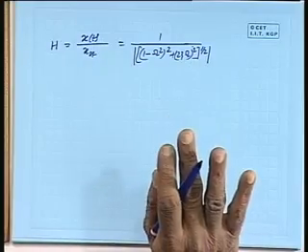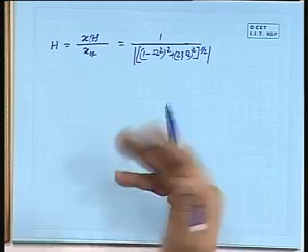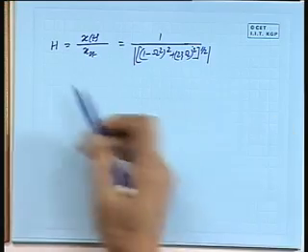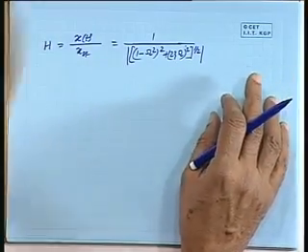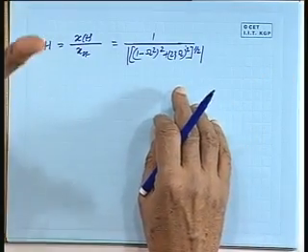So, 2 zeta will give me a value of 0.02, and 1 by 0.02 will give me a finite value of around 50. So, the amplification will be 50 times, but it is a finite value. In the other case we found it blowing up to infinity, undefined values, but here it is a defined value because zeta is there.